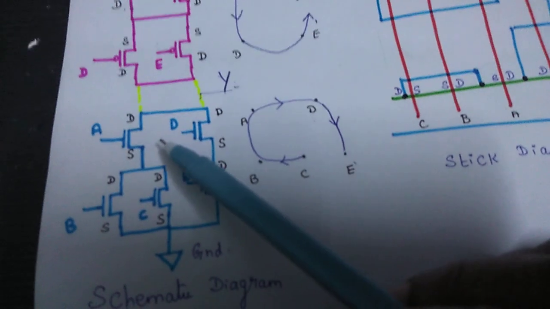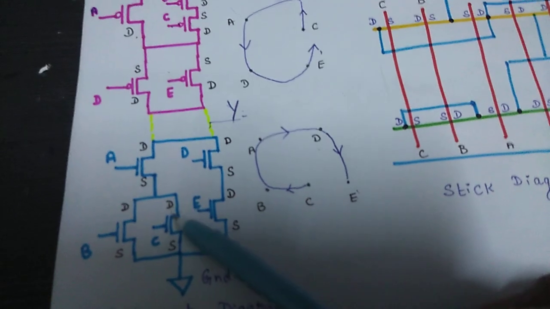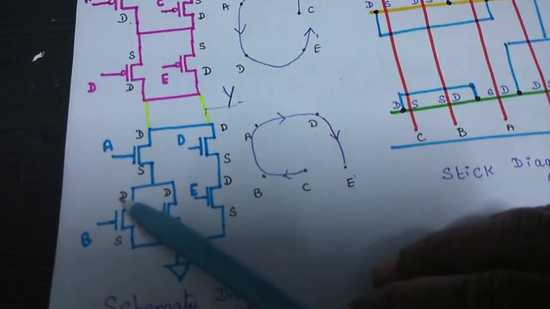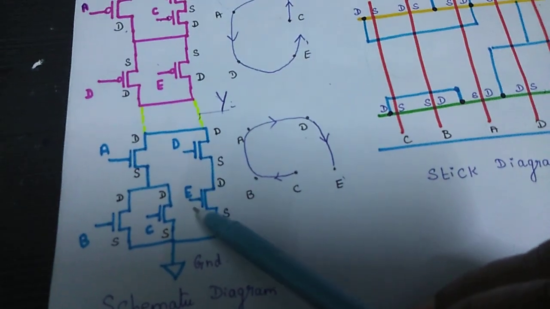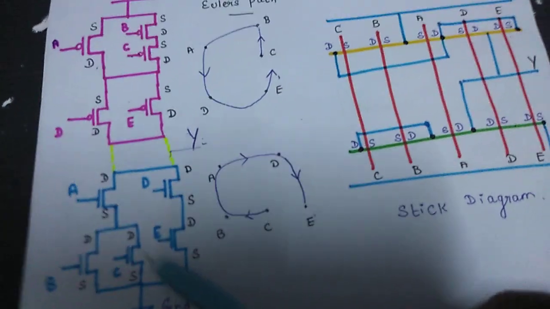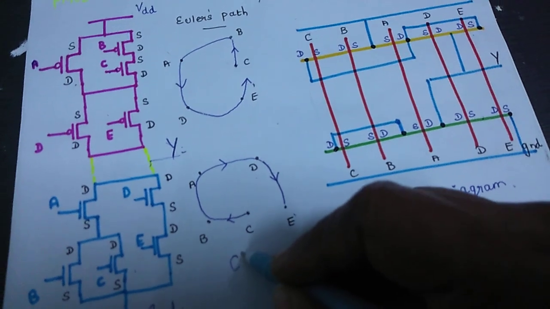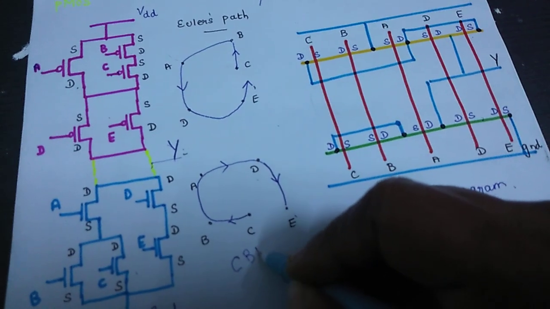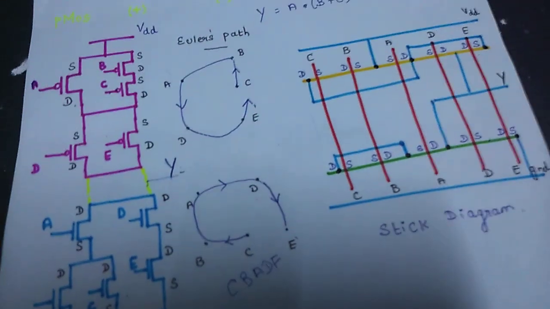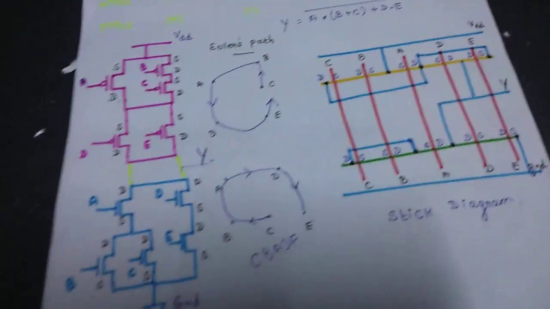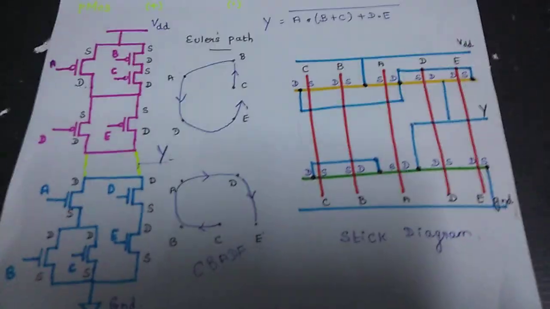The same way, in the NMOS transistors, I can move from the drain to source of C, then B, then A, then D, followed by E. Therefore, the Euler's path is C, then B, followed by A, D, and E. This is the Euler's path for this logic diagram, that is, for the schematic diagram we consider C, B, A, D, E as the Euler's path.